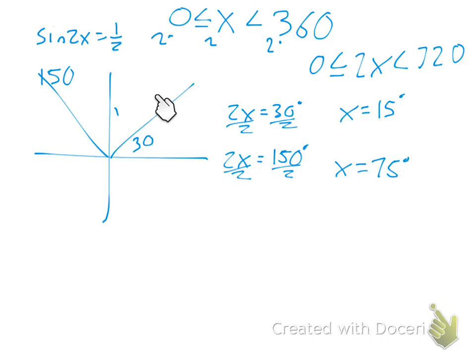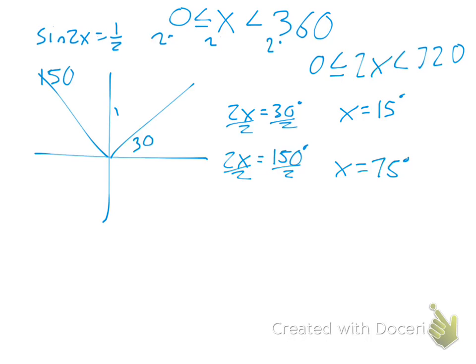That also means I'm not going around the circle once, I'm going around the circle twice. The first pass, generally we don't even think about it, but this is one rotation from 0 to 360. 30 and 150 are the only ones that when you take the sine give me 1/2.